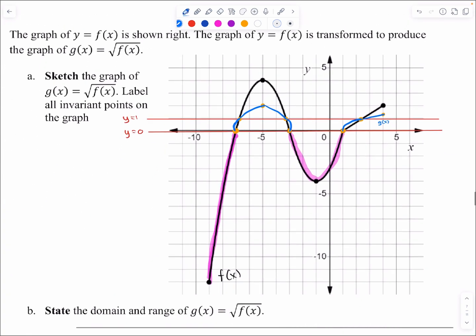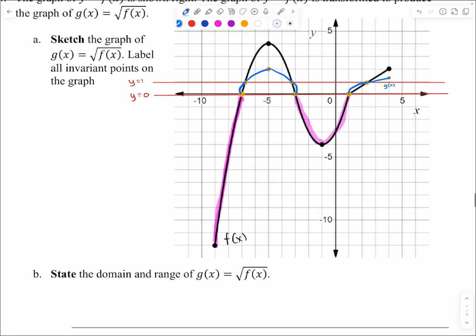The first one says, state the domain and range of g of x. I'll start with the domain. I'm going to write it in interval and set notation to show you the difference between the two. First let's do set notation. Our domain is the values x.